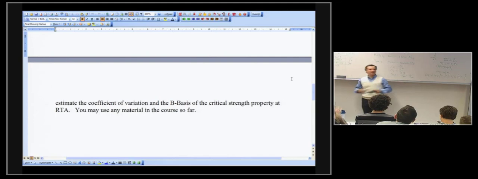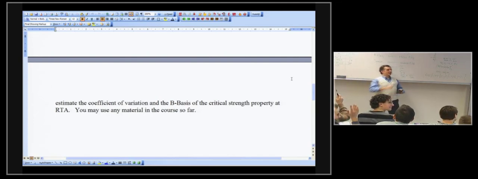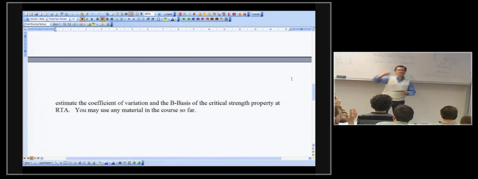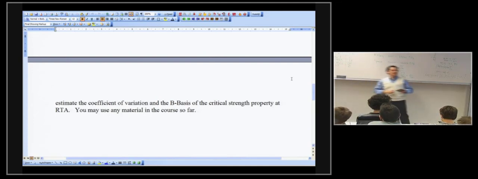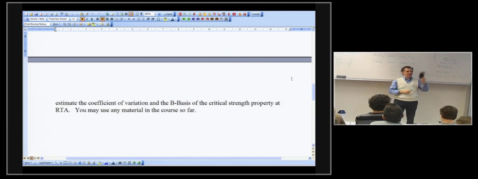Anybody thinks it's more than 5? Brave guys. 6. Okay, the answer is here. So the majority actually wins. I think designing structures by majority works. And that's a message to take home.